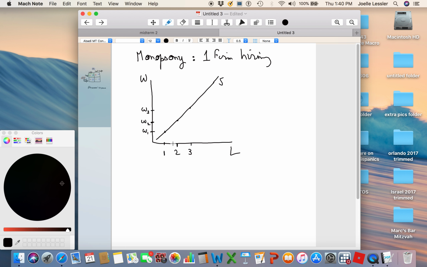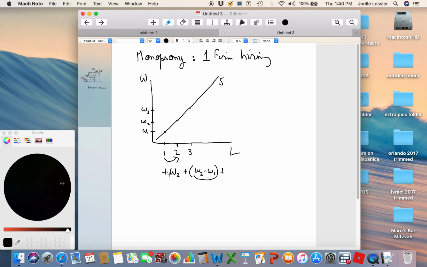When I hire the second worker, I have to now pay the wage W2 for the second worker, but I also have to pay the extra to my first worker. This was the price effect.